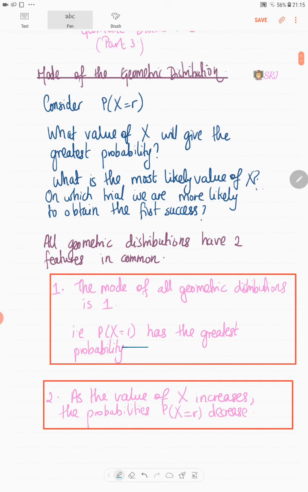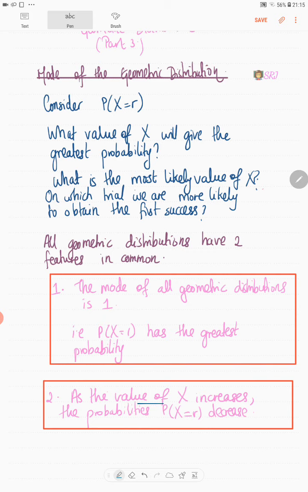So we can say that we are most likely to obtain our first success on the first trial itself. And the second feature is that as the value of X increases, the probabilities, that is probability capital X is equal to R, decrease. So we are going to prove these two features.